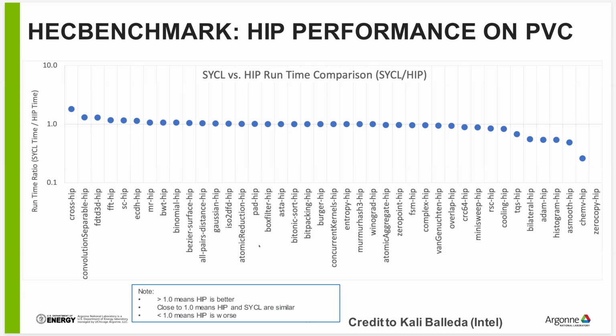So this is on the PVC GPU, the Ponte Vecchio GPUs that are present on Aurora. And as you can see, the S-curve is pretty flat, so the performances are mostly comparable. We have outliers, of course, and we are working on reducing these gaps.